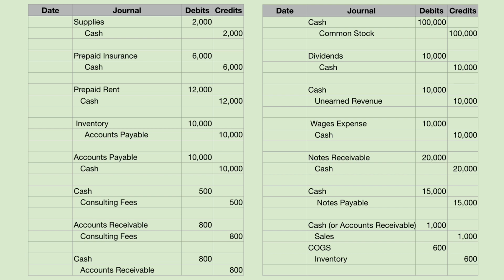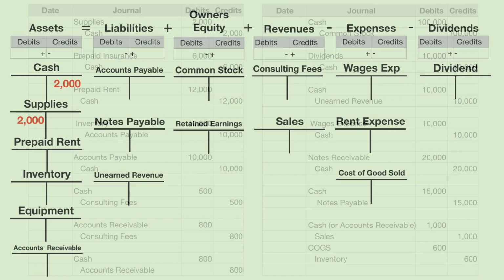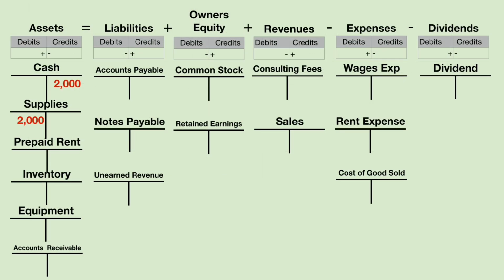I've picked a few slides from previous videos that will help us to see the big picture. So here's a slide from an earlier video. This is a journal. These are journal entries. And here's a ledger, and we put our ledger entries here.